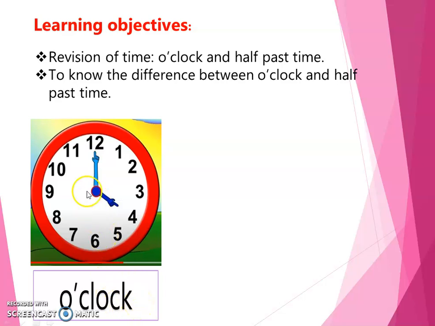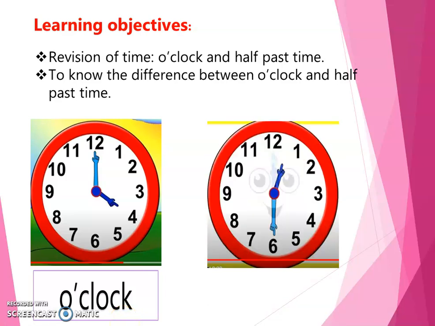It's o'clock because the long hand is pointing at 12 and the small hand is pointing at 4. If the long hand is pointing at 12, meaning to say the time is already o'clock. Okay? Did you understand?